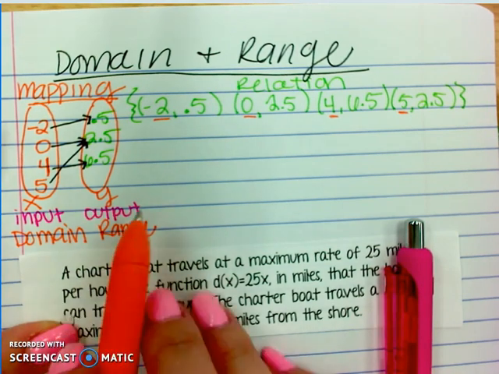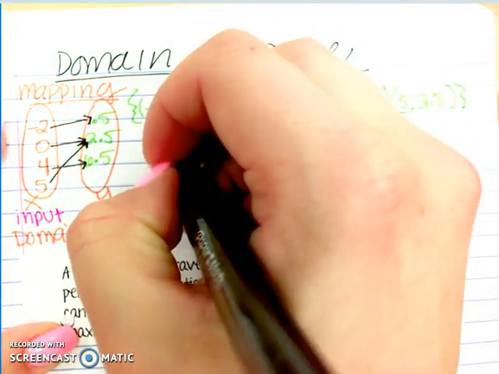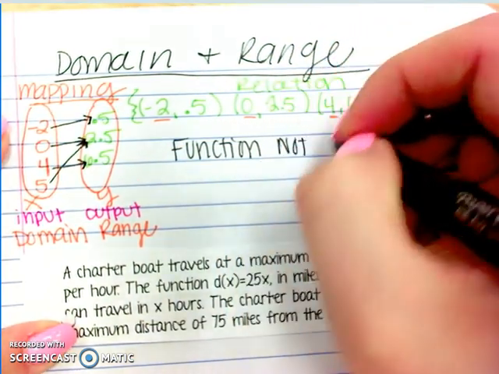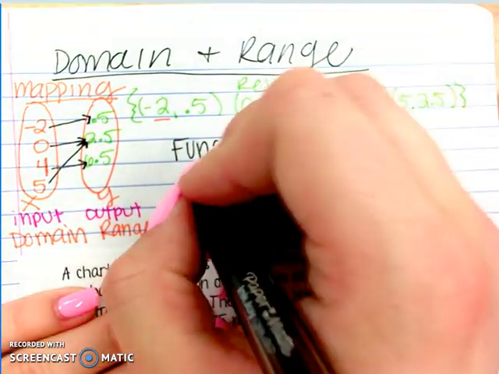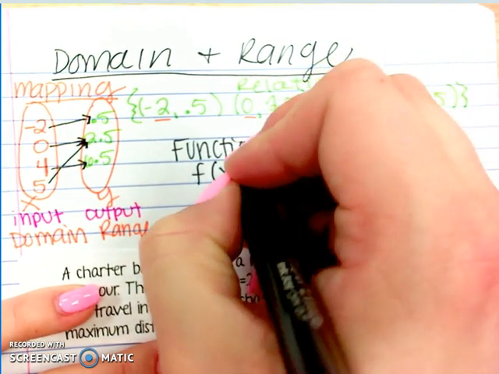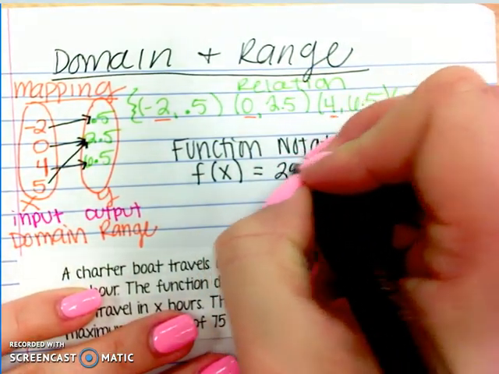All right, very good. So now we are going to look at something called function notation. Function notation looks like this: f(x) equals 250x.